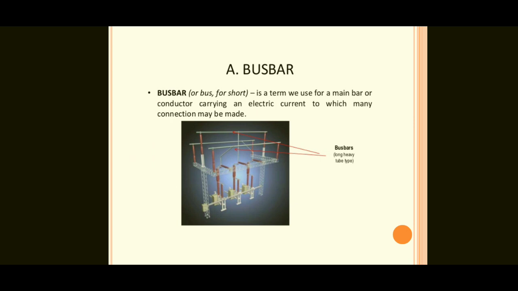R, Y, B, N, three phase. Single phase means one phase and one neutral is present. Three phase means three wires and one neutral wire is present.